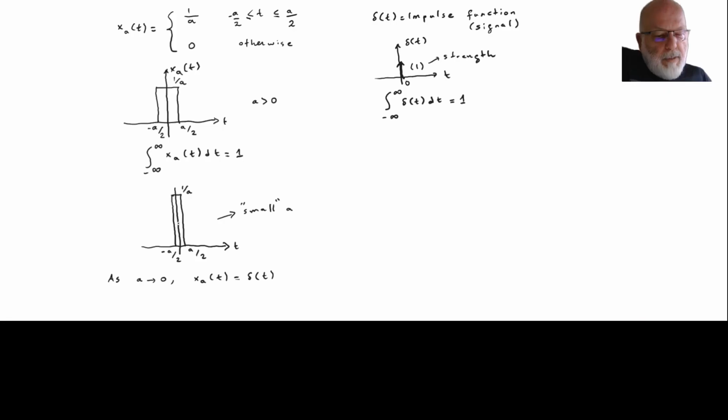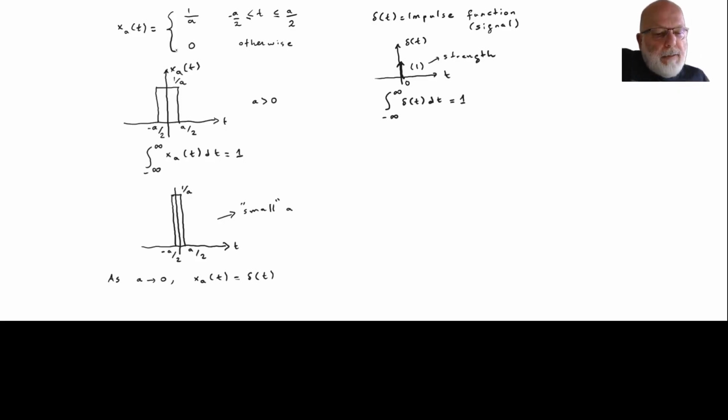So the impulse signal is defined in terms of, I'm saying in quotations, the limit of such a rectangular pulse as the duration of the pulse tends to 0 and the magnitude of the pulse tends to infinity at the same time.